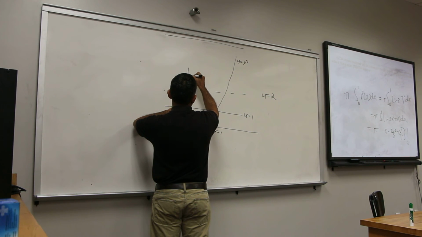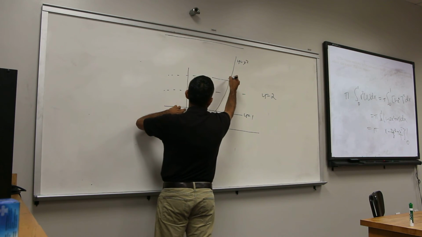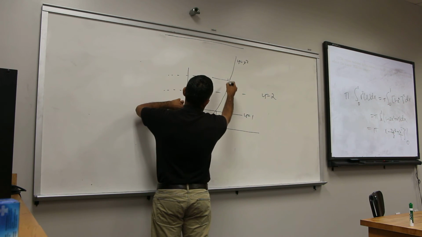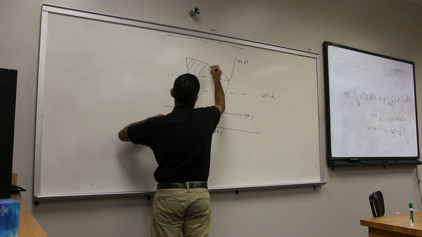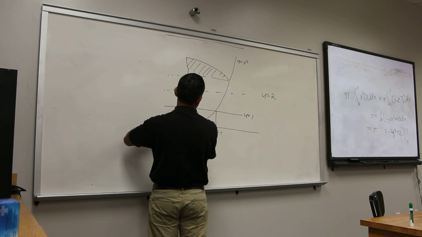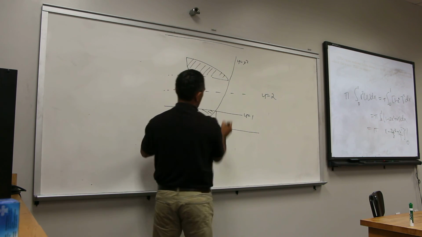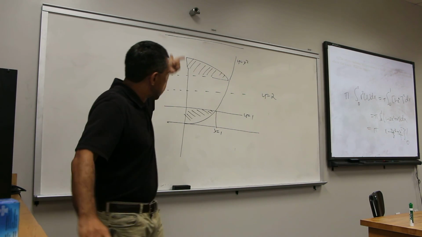But you take 2 minus, in brackets, 1 minus x squared. And that's your radius. Yeah, I think that's the volume of that, Mr. Harris. Is that correct?